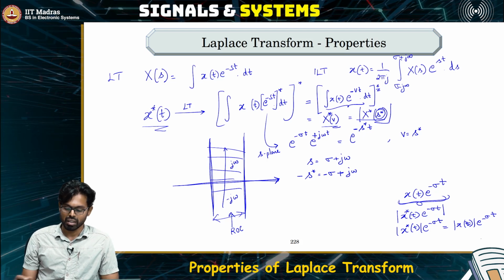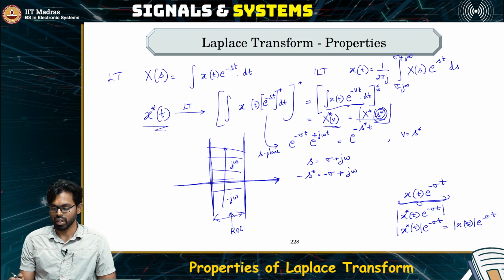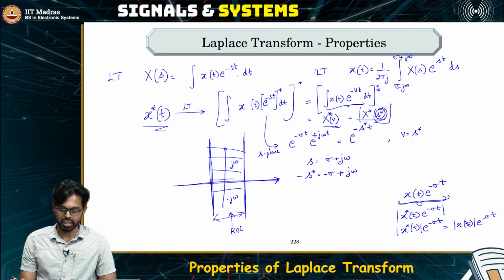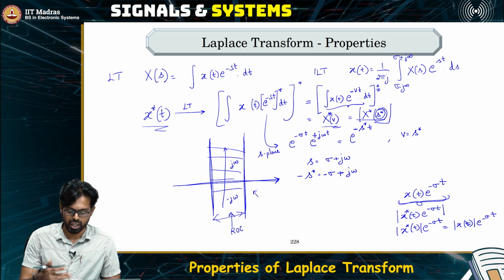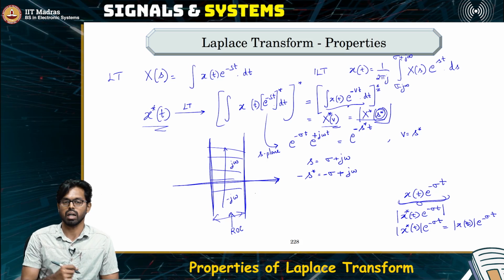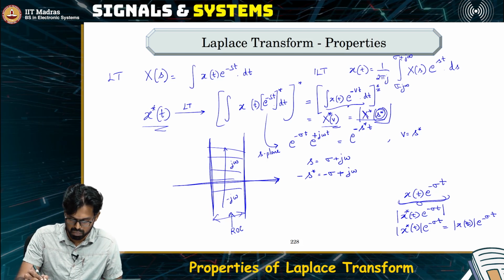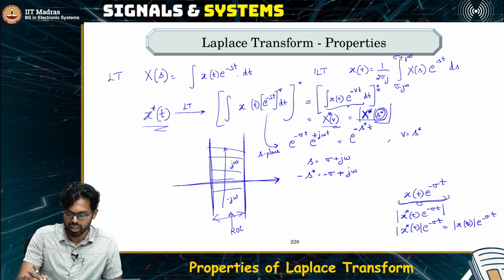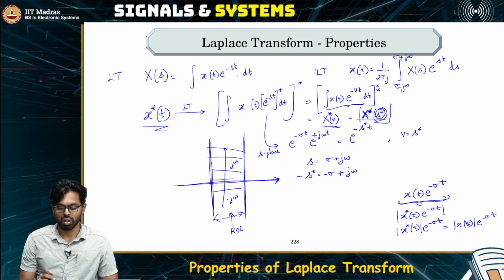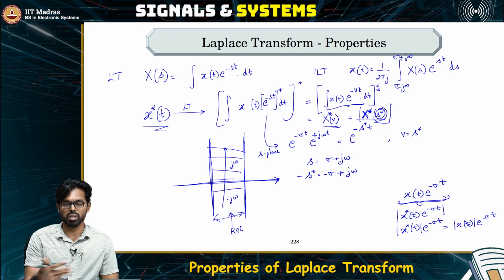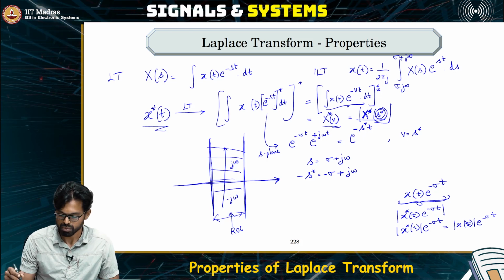So this tells us that the ROC should not change. Intuitively we can see that the magnitude is not changing, because of which the ROC should also not change, and that's exactly what is happening. There is a flip, but that does not change the ROC, because the flip is about the x-axis. Now the actual value of the Laplace transform itself gets conjugated, but that does not reflect in the s-plane plot, because in this plot we are plotting only the magnitude.